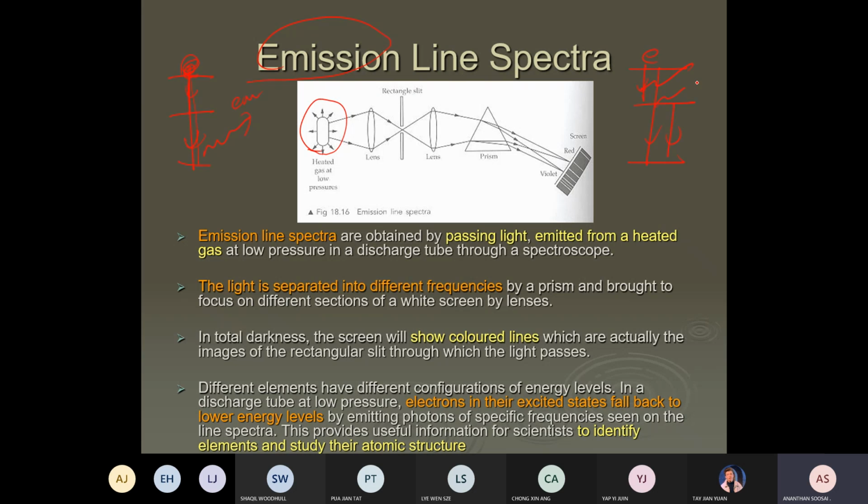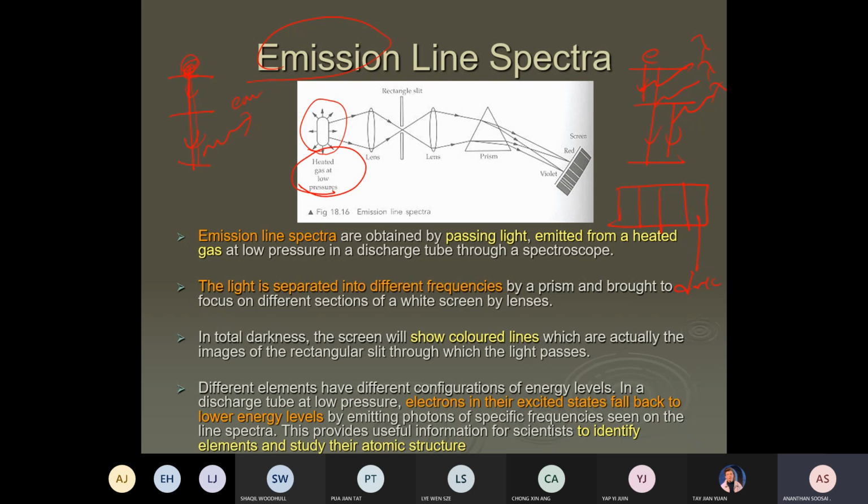So 3 different types of wavelengths will be emitted from the hydrogen gas. These 3 wavelengths will focus to the prism and photographic plate. So the photographic plate will show 3 different colors, but the background will be dark, of course, because only 3 wavelengths are emitted. So emission line spectra is produced. Okay, so we use a hot gas.